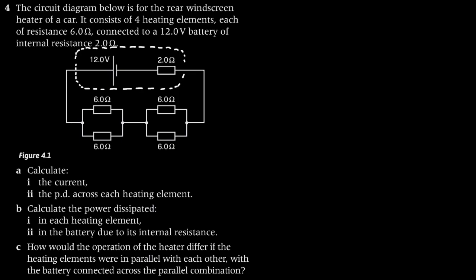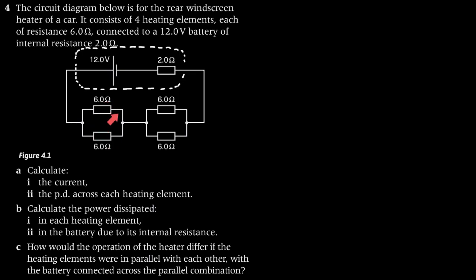On first sight this circuit may seem a bit tricky to solve, but the fact that all of these heating elements, the resistors, have equal resistances simplifies things by quite a lot. So first we can combine both of these. Remember that whenever you have identical resistors in parallel, the effective resistance is the resistance of one divided by the number of resistors in parallel.